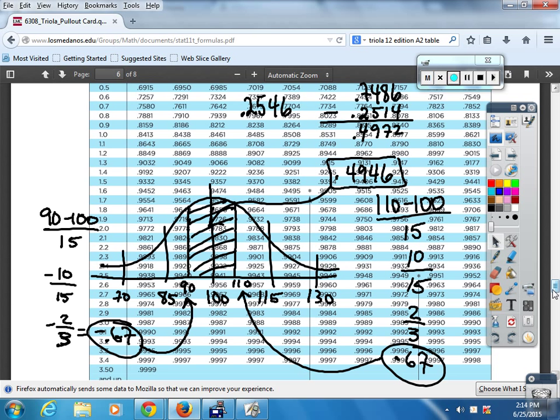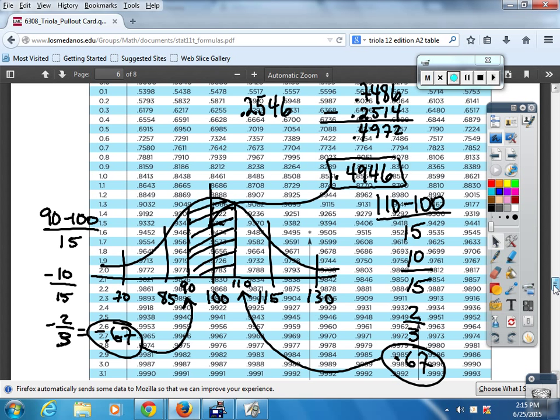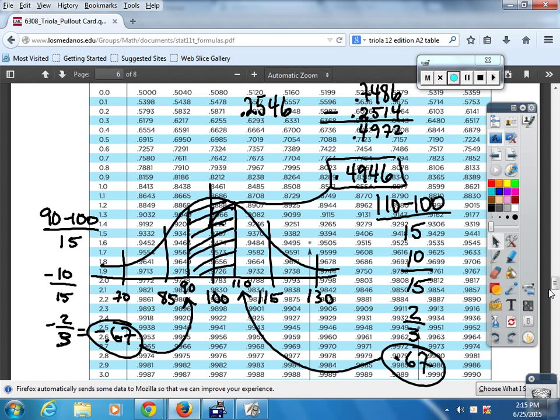There it is. 0, 1, 2, 3, 4, 5, 6. 0.7454. 0.7454. 14 minus 6 is 8. 14 minus 5 is 9.